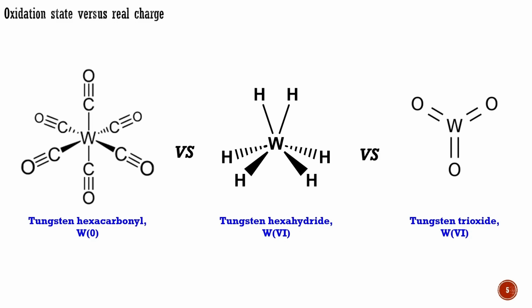Carbon monoxide groups are excellent pi acceptors, so the metal in tungsten hexacarbonyl has a much lower electron density than a free tungsten(0) atom. On the other hand, the tungsten-hydrogen bond in tungsten hexahydride is only weakly polar, and so the polyhydride has a much higher electron density than the tungsten(VI) suggested by its oxidation state. For this reason, in organometallic chemistry the use of the term formal oxidation state is more appropriate.